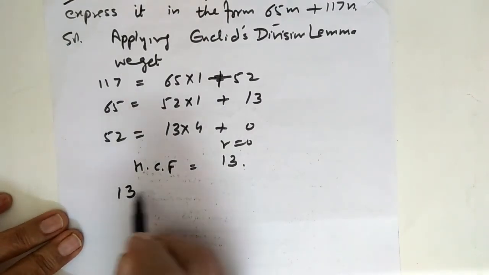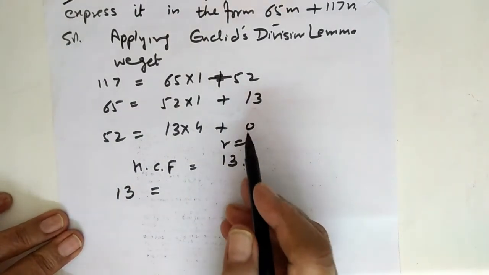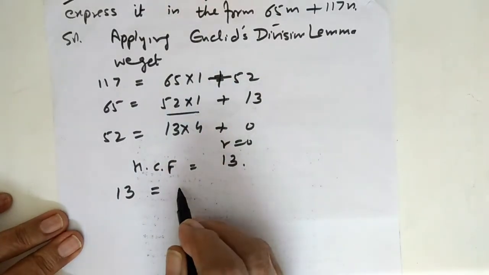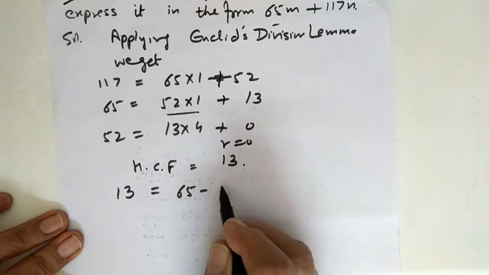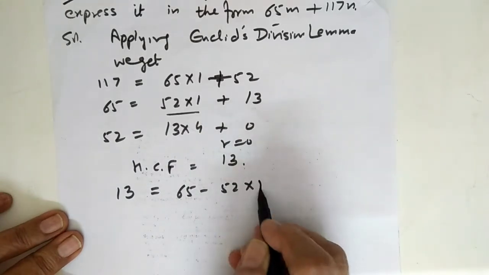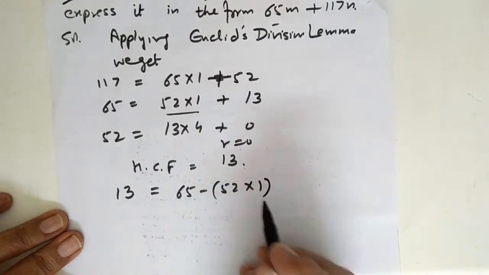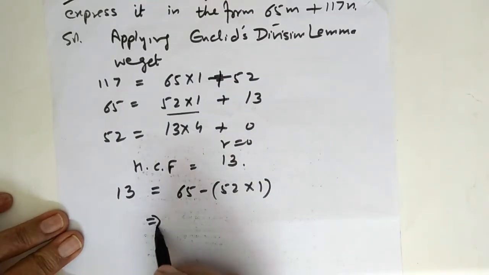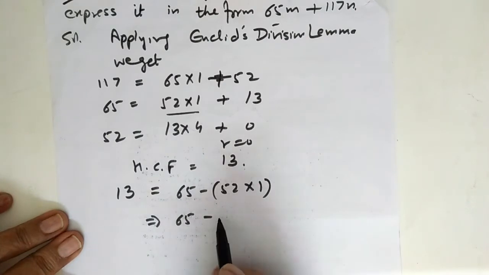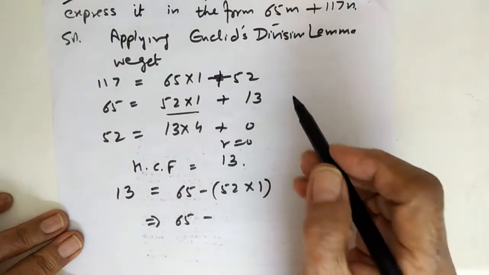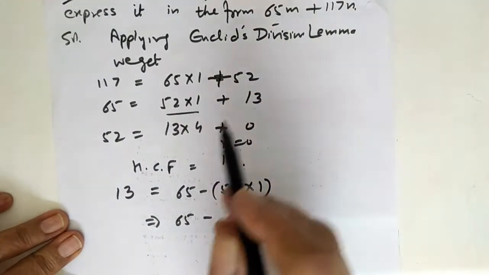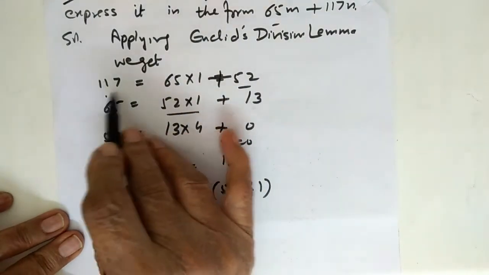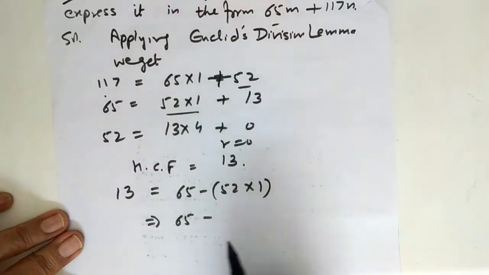HCF 13 is equal to 65 minus 52 into 1. And 52 is equal to 117 minus 65 into 1.